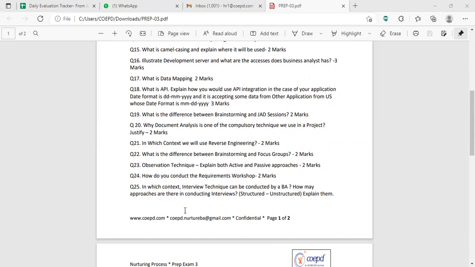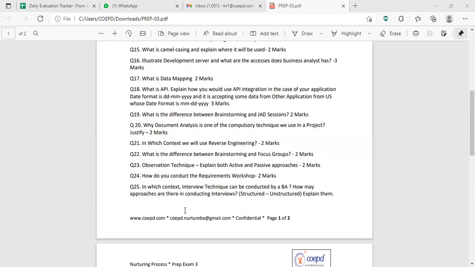The 21st one is, in which context can the interview technique be conducted by a BA? How many approaches are there in conducting interviews? Structured, unstructured, explain them. So you have to explain in which scenario the interview technique would be a good one, and what approaches you can use to conduct interviews. Can I have a structured interview or an unstructured interview?